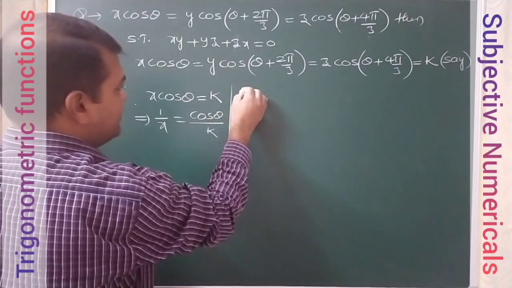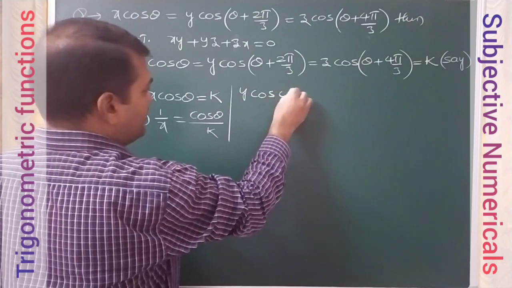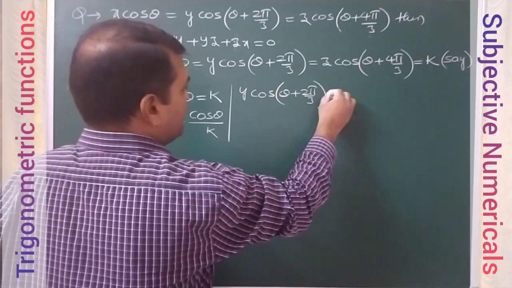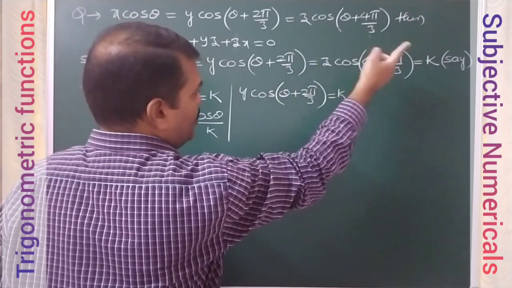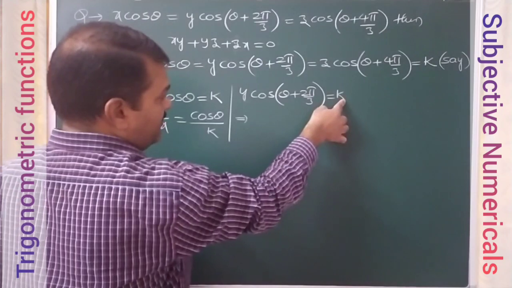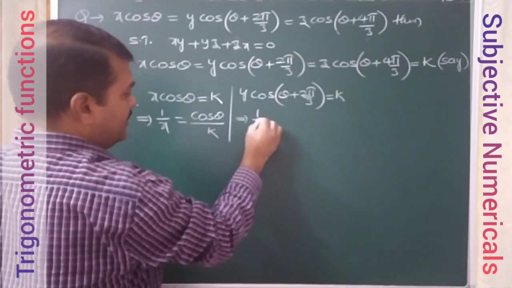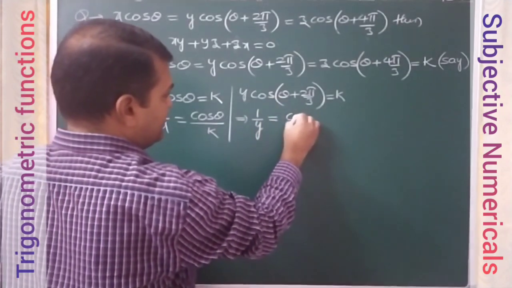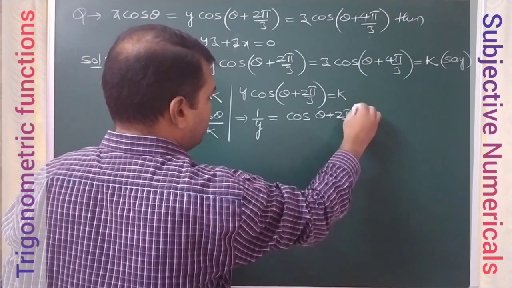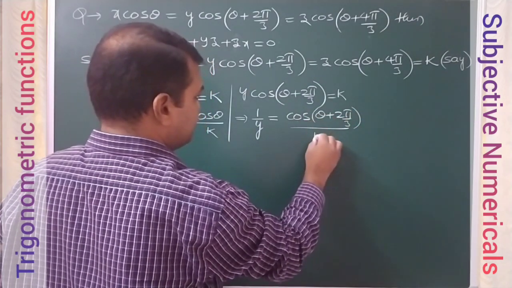Right. Next, this one. y into cos of theta plus 2 pi by 3. Let us take this term equal to k. So y is equal to k by this. So 1 by y will be cos of theta plus 2 pi by 3 by k.